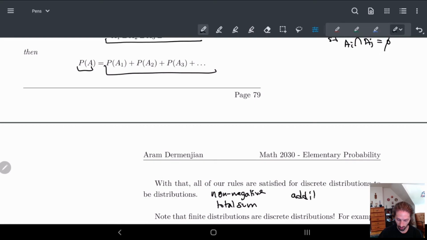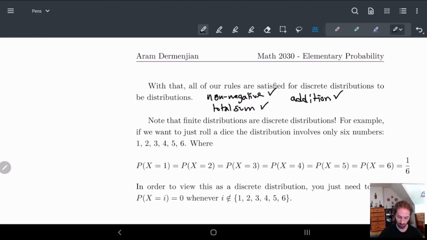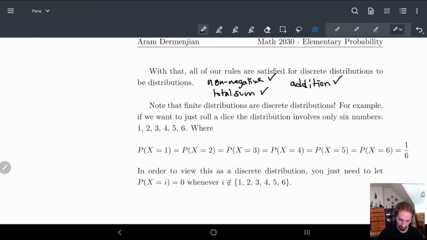So we now have the three conditions to have a distribution. And in particular, any finite distribution is going to be a discrete distribution.